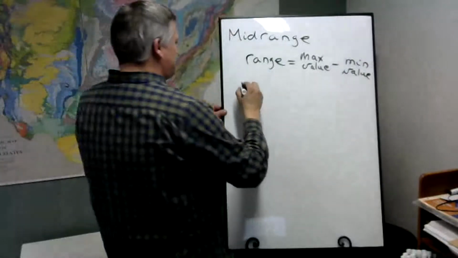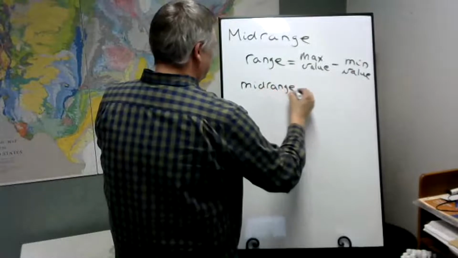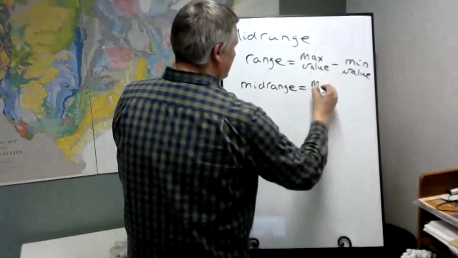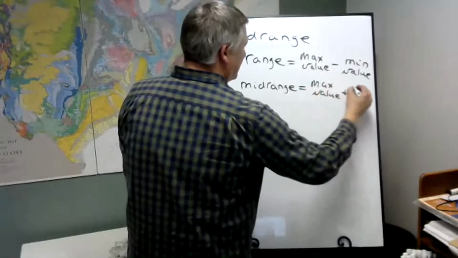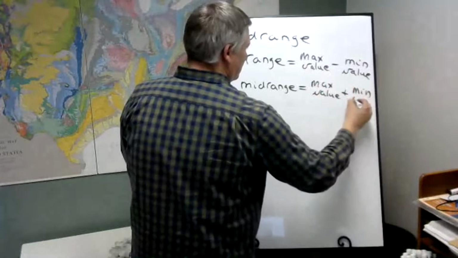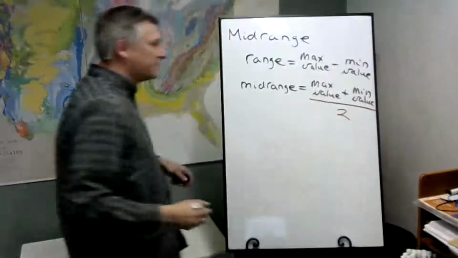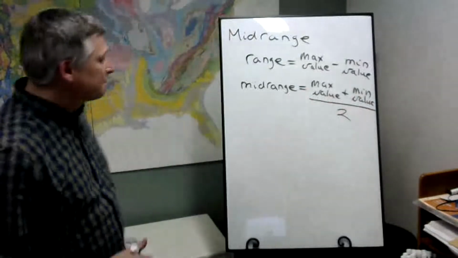And so we define mid-range a little different though. Instead of a difference, it's going to be a sum, and then divide by 2. In other words, it's the average of the maximum value and the minimum value.